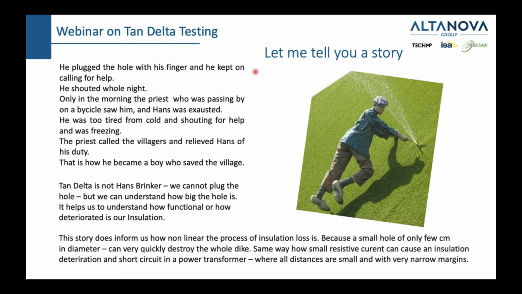So the story does inform us about the non-linear process of insulation deterioration, because a small hole, only a few centimeters in diameter in a dike, can very quickly destroy the whole dike. The same way, a small resistive current can cause an insulation deterioration and a short circuit in a power transformer, because we all know that in a power transformer, all distances are very small and have even smaller margins.